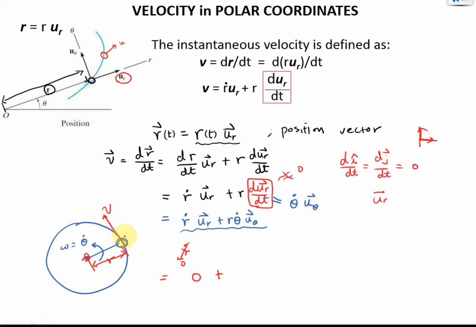The u_theta direction. So this is r theta dot in the u_theta direction. If this object keeps moving like that, then your velocity is again here, another u_theta direction as well. This is the r direction, and this is the u_theta direction.